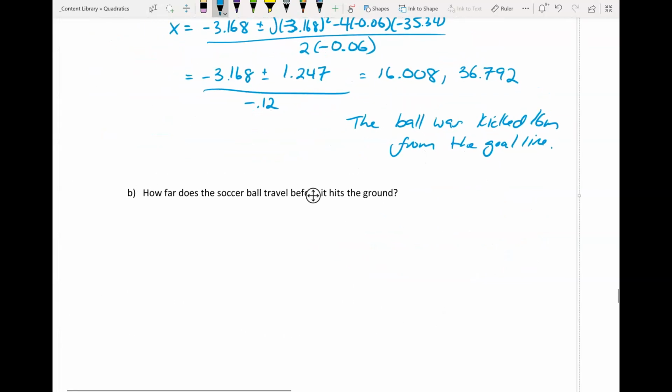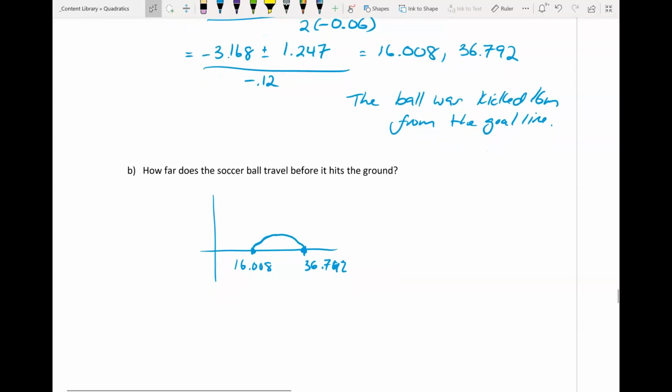So for question B, if we just drew a quick sketch of what this actually looked like for our parabola, we're given the intercepts, because we just found them, they are the roots. And we know that this graph has to go higher because our height has to be positive. Our height can't be negative, or else that doesn't make sense. The soccer ball's not going to go into the floor. So we know it has to look something like this. And with this picture, it kind of gives us an idea of what's happening.